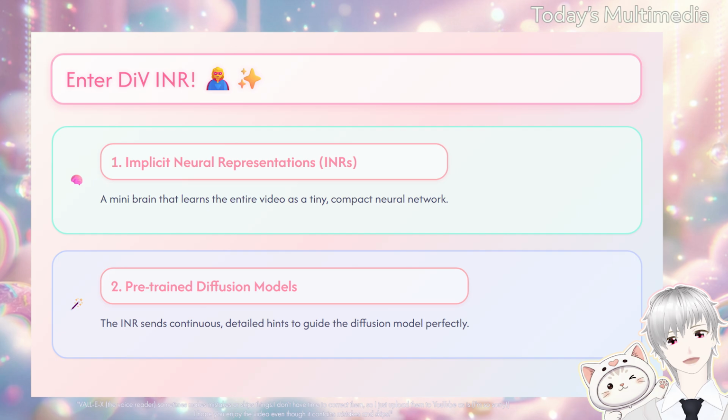Second, they use pre-trained video diffusion models. By combining these two, the INR acts as a super smart guide for the diffusion model. Instead of relying on clunky, traditional keyframes, the tiny INR network sends continuous, highly detailed hints to the diffusion model, telling it exactly how to recreate the original video.